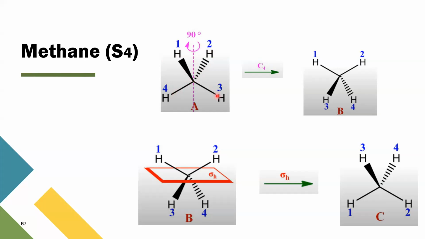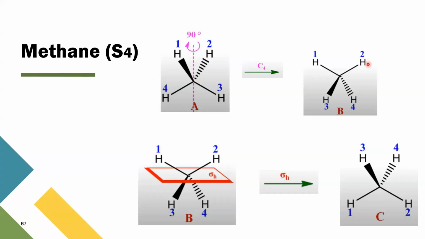When you rotate it by 90 degrees, one will come out and the other one will go in. So this is rotated anticlockwise. The hydrogen labeled 3 will come up, the other one will go inside the plane of the paper, and these two will lie on the plane of the paper. That's all. That is the C4 operation.